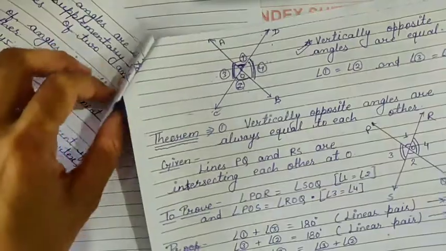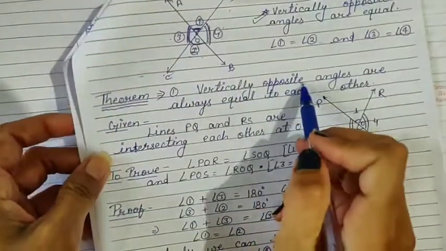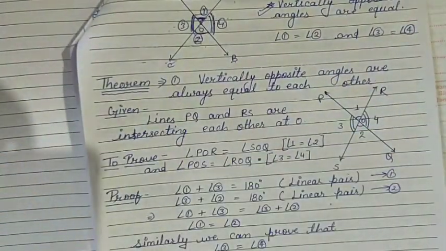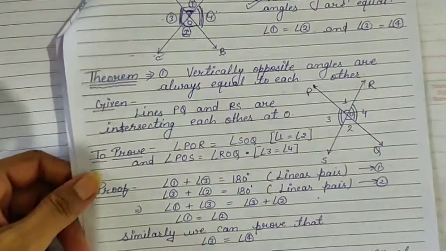Now how can we prove that vertically opposite angles are always equal to each other? This is a theorem. Vertically opposite angles are always equal to each other. How can we prove this? So firstly, what is given?